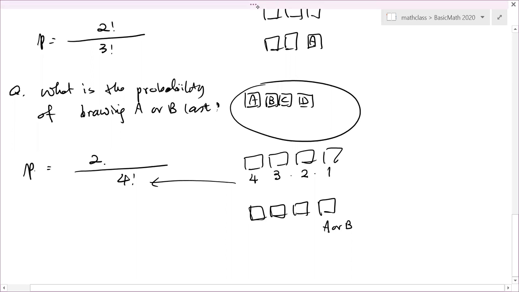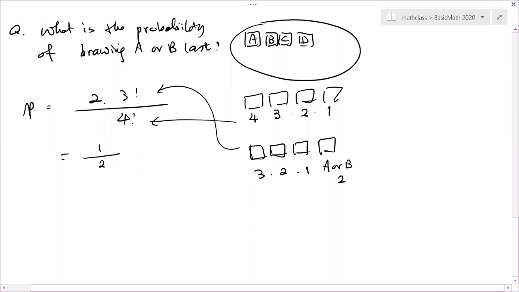You can choose one of those 2, so 2 choices. Then for the first one, because one is already gone, you have 3, then 2, and then 1. So that's 3 factorial. The answer is 1/2. Good job.